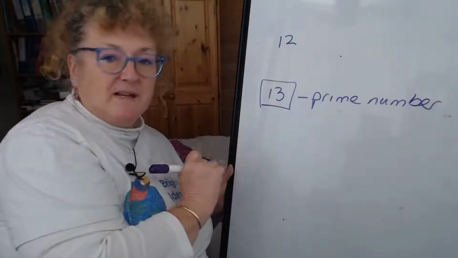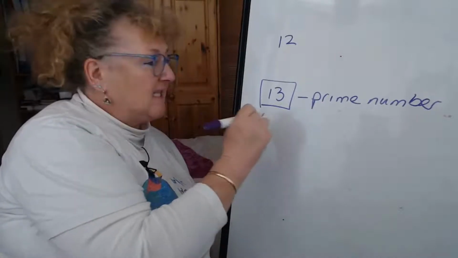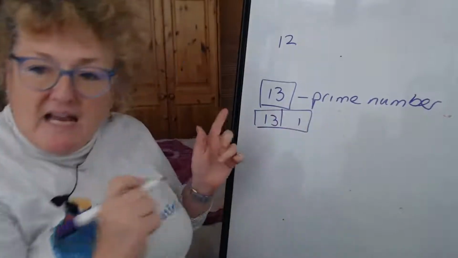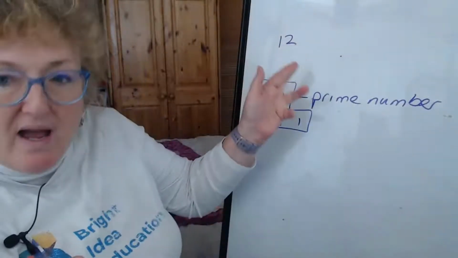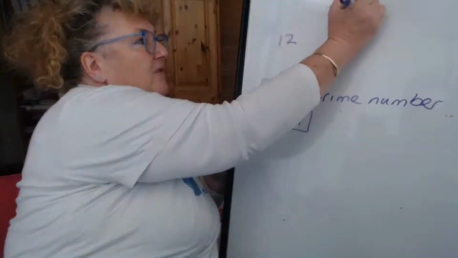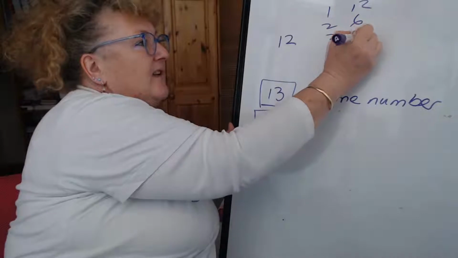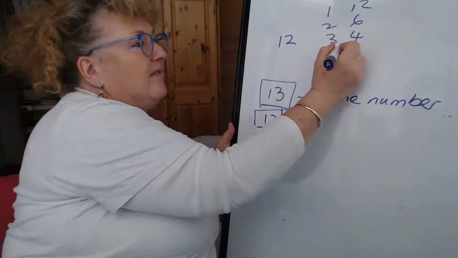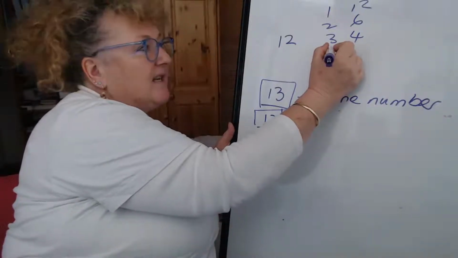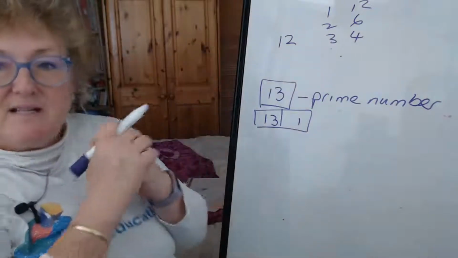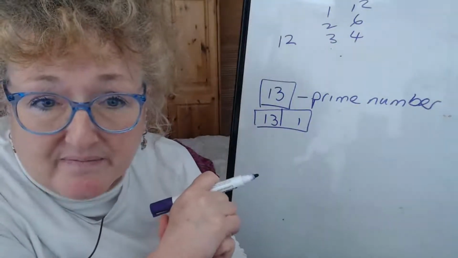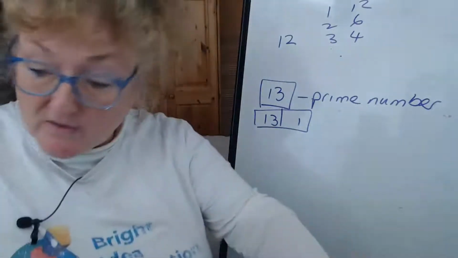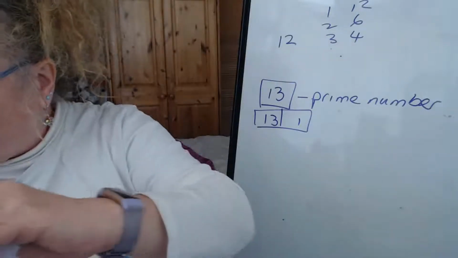So although 13 is bigger than 12, it only has 2 factors, itself and 1, whereas 12 has 1 and 12, 2 and 6, 3 and 4. 12 has 6 factors. 13 has 2, and 13 is bigger. So that is false, because we have to think about prime numbers.